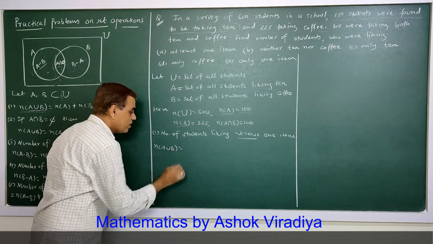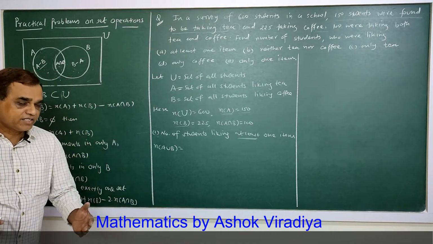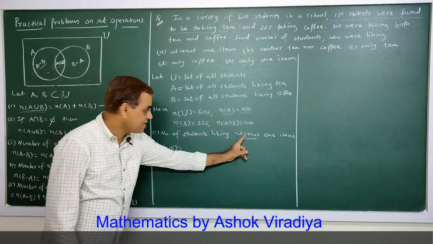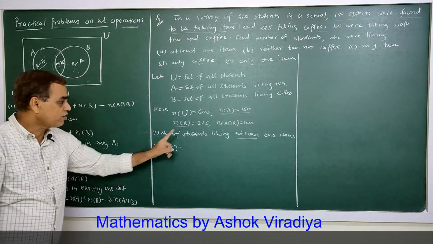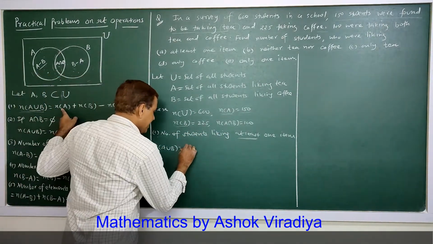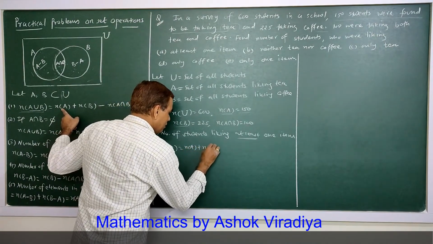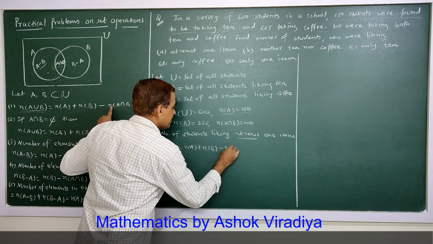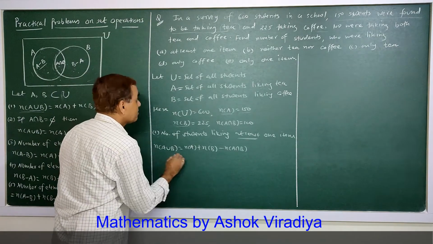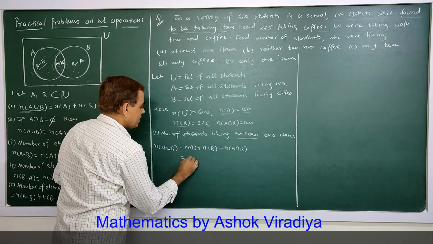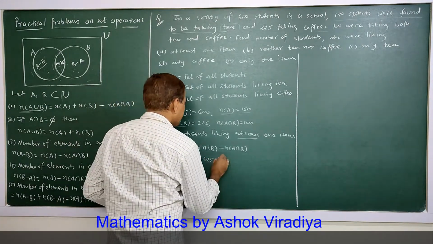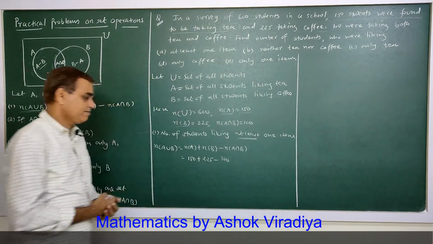In any question, whenever you are asked to find the number of elements belonging to at least one set, find the union. So for the word at least, remember union. Now the formula is the number of elements in A plus the number of elements in B minus A intersection B. Putting in values, in A there are 150 students, in B 225 students, minus the intersection of 100 students.